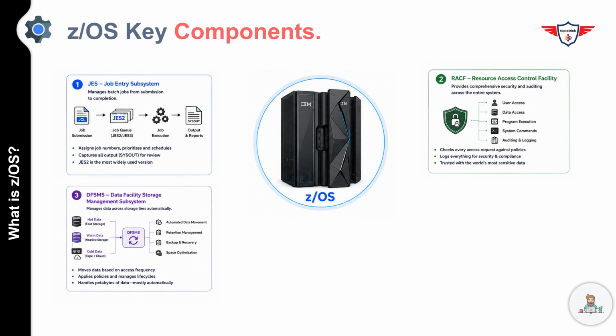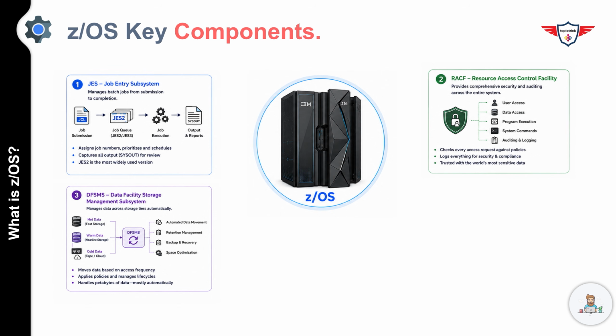Programmers and operators generally refer to sysout for the error messages or the stats that have been generated by the program or the job. There are two different versions of JES, that is JES2 and JES3. JES2 is by far the most common in modern environments.